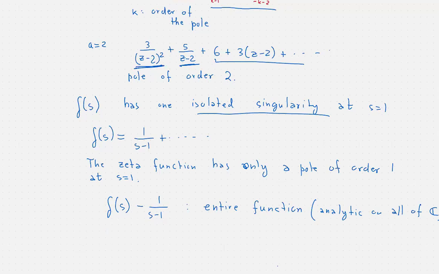And it's a simple pole. A pole of order 1 is also known as a simple pole. And it turns out that zeta of s minus 1 over s minus 1 is actually what we call an entire function, meaning an analytic function on all of C.